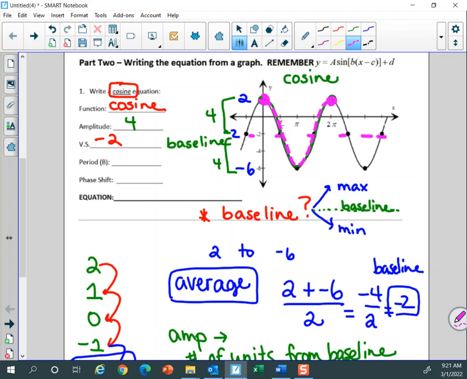That is one cosine chunk. And I started my cosine chunk from when I started at 0, I ended that, in this case, at 2 pi. So my period is 2 pi, which means a B of 1.